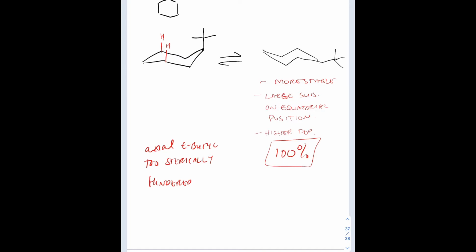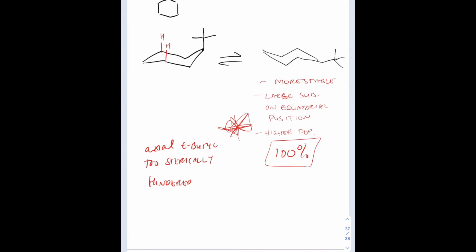If you have groups that are moderately sized, somewhere in between the tert-butyl and the methyl, then you can have some percentage of that group in the axial position. But as you can see, when it gets too large, we will not have any. This is something you should remember, because there are some really fun questions related to this. And so yeah, that's pretty much it.